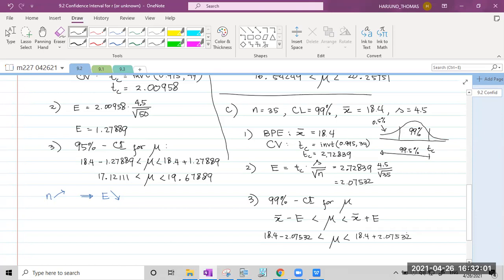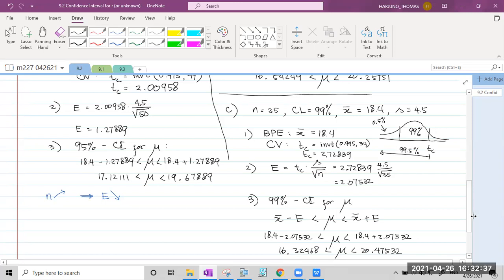And we use our calculator to compute that. 18.4 minus 2.07532, that is 16.32468 less than mu less than, if best point estimate plus margin of error, that will give us 20.47532.